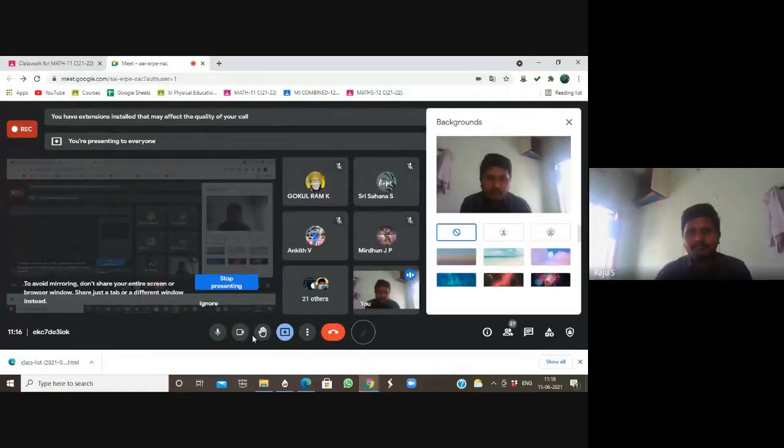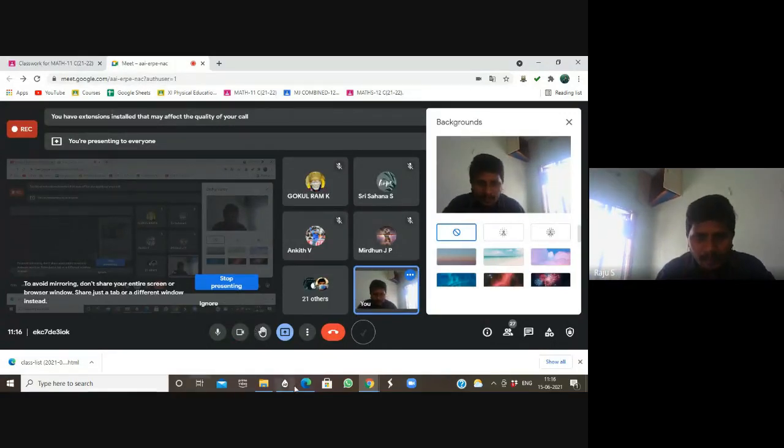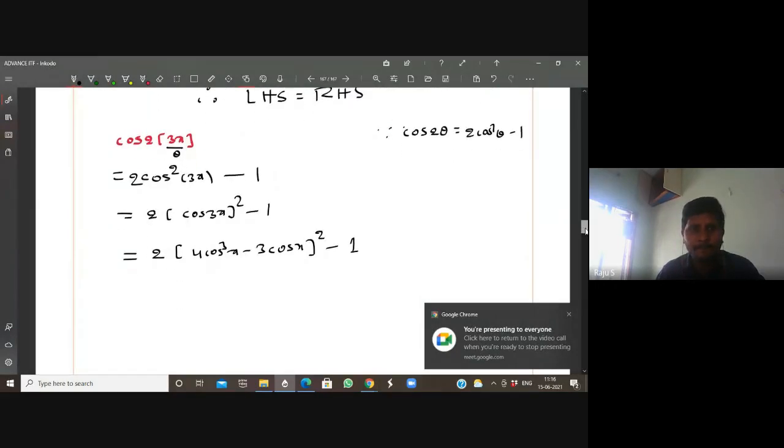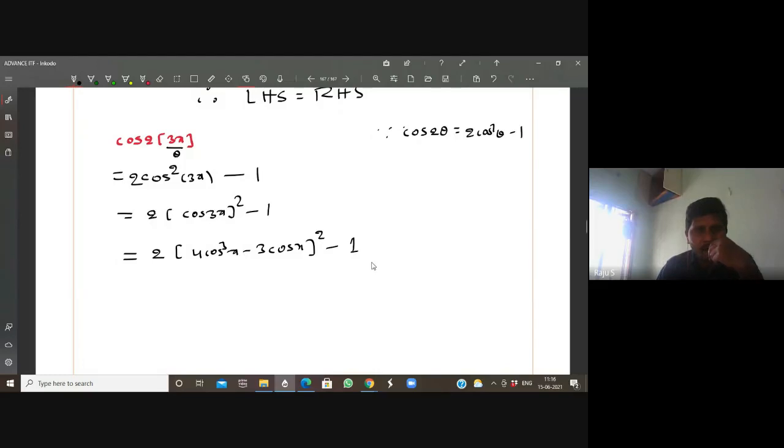Yes, a student got the answer. So can we show it? Four square is 16, 16 into 2 we will get 32. The a square plus b square minus 2ab formula. Anyhow, you can simplify this, you will get the answer. Can anyone complete this?